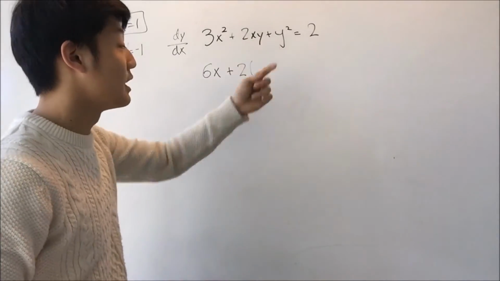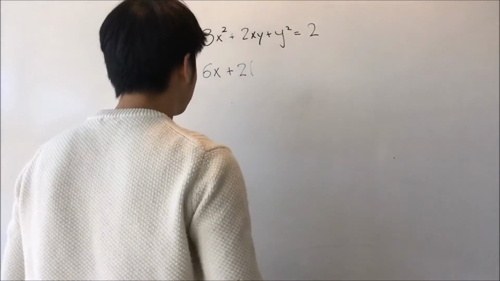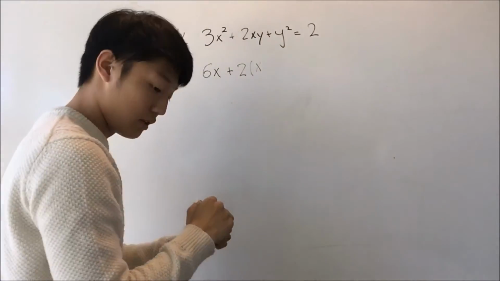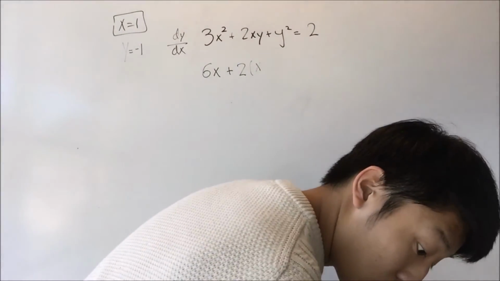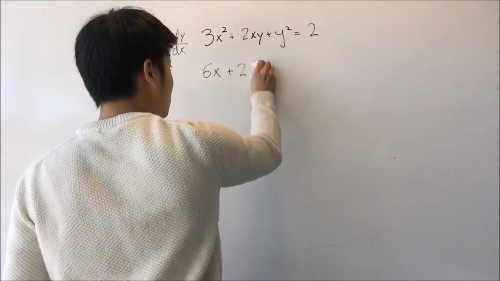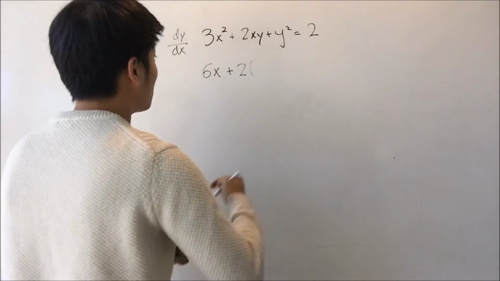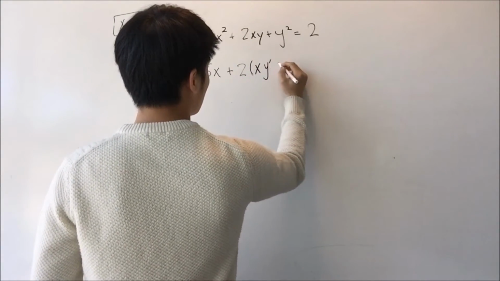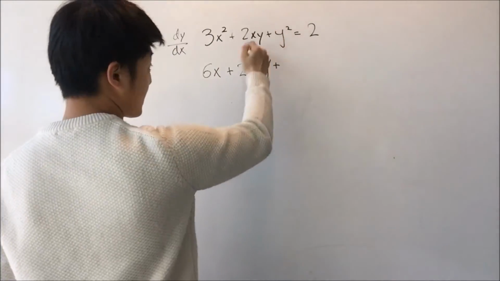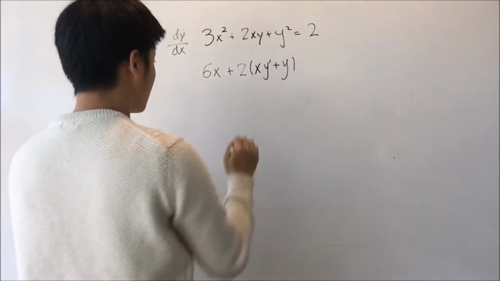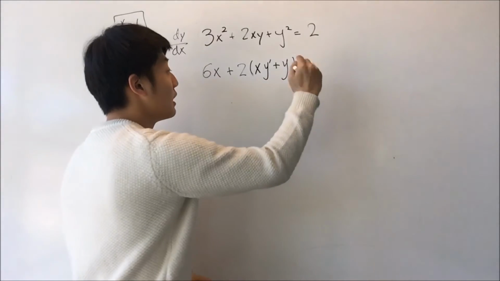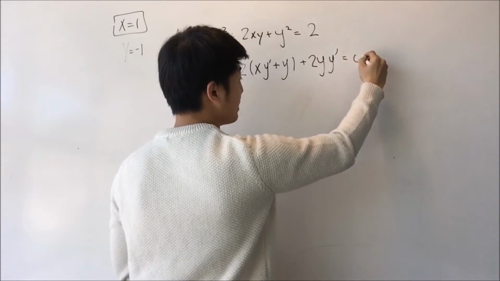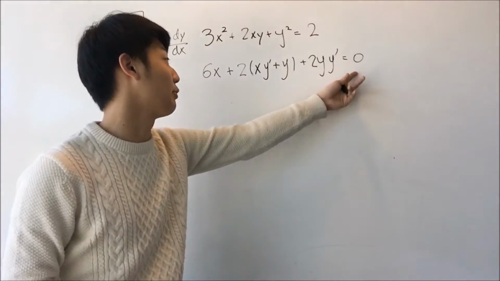Now this is another product rule. x y prime plus, x goes away and y stays still, because front back front, plus 2y y prime equals 0, because this is constant and it becomes 0.